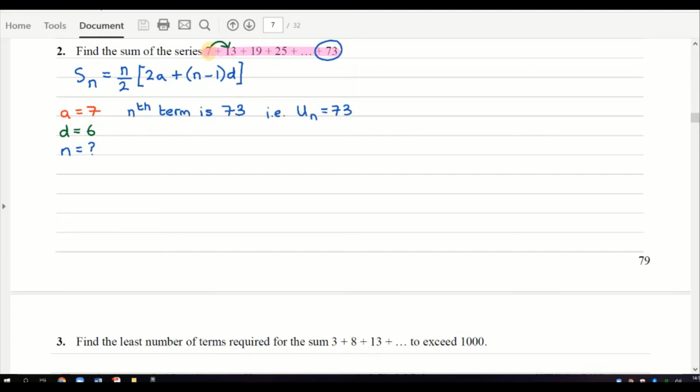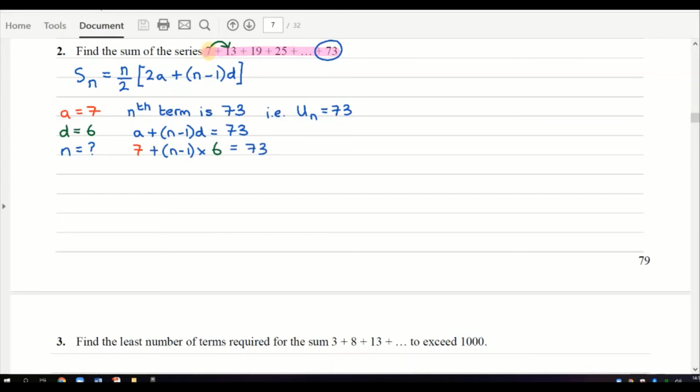We know that a plus n subtract 1 multiplied by d in this instance is 73. And we can sub in the a and the d. Remember the a is 7, and then we're going to add n subtract 1 multiplied by the d, which is 6, and that's going to equal 73.